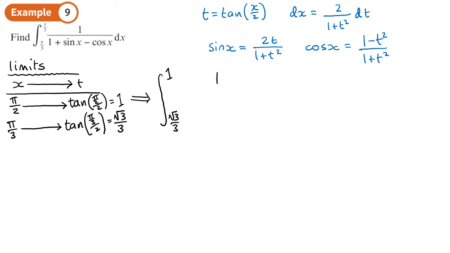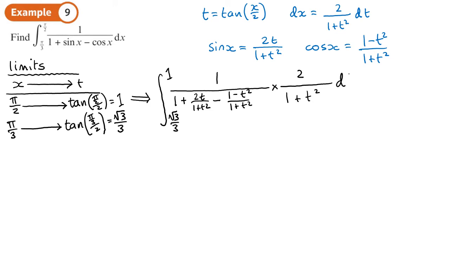So our limits now become 1 and root 3 over 3. And then we have 1 over 1 plus sine x, so that's 2t over 1 plus t squared, minus cos x, which is 1 minus t squared over 1 plus t squared, times dx, which we substitute for 2 over 1 plus t squared dt.